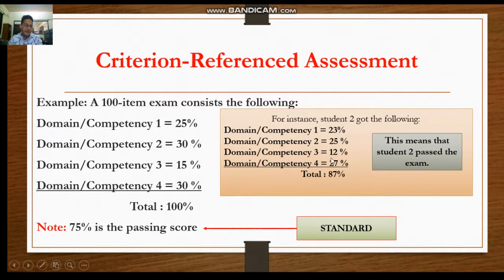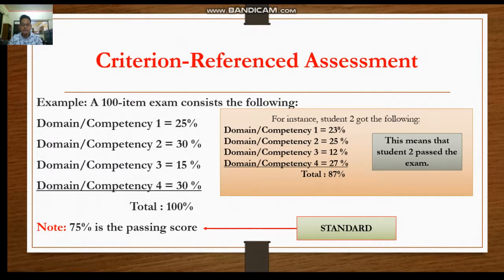Why? It's because he got higher than the passing score or the standard. Okay? So he exceeded the passing score, he exceeded the standard that was set by the teacher. That means student 2 passed the exam.